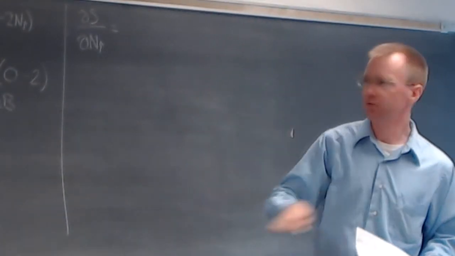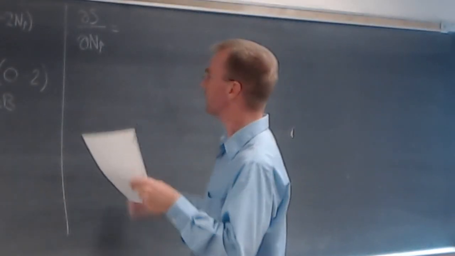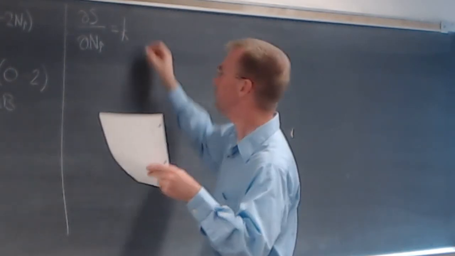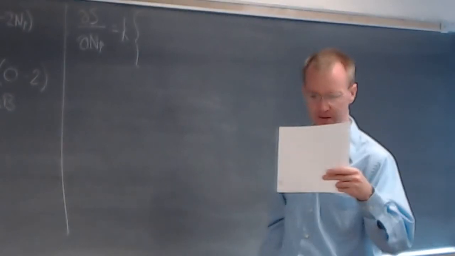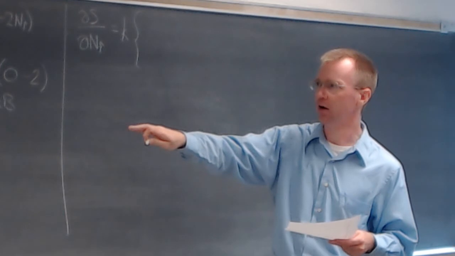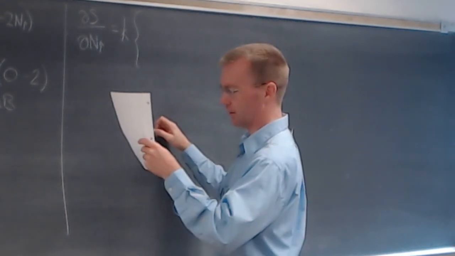Now, if you go back to a couple of screens back, we had some ds by dn up. So that's going to be K, Boltzmann's constant, times a whole mess of stuff. I'm substituting in directly from our last line of the equation for entropy. All right.